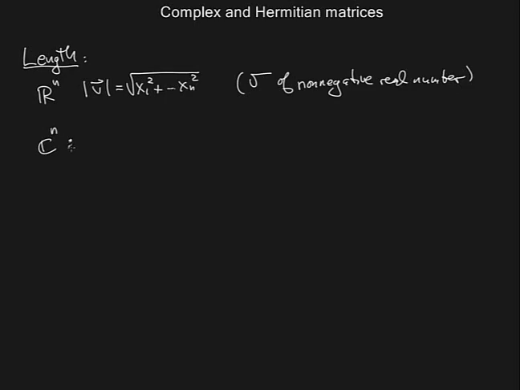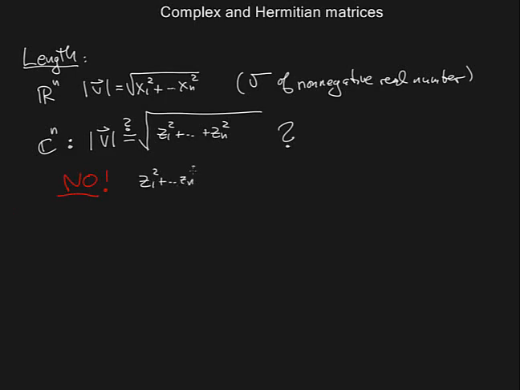If you do the sort of naive thing in C^n and define the length of a vector to be the square root of z1 squared plus up to zn squared, you immediately run into trouble, because this number, z1 squared plus up to zn squared, is complex. And there's no decent, unique way to take a square root of a complex number. That's one problem.